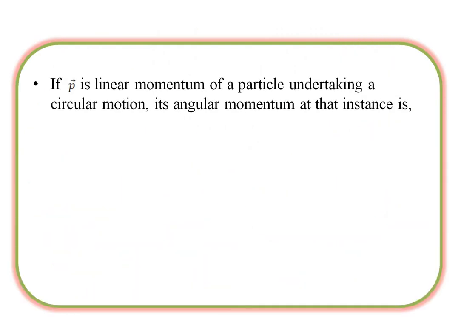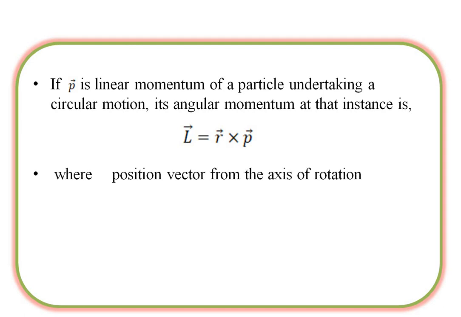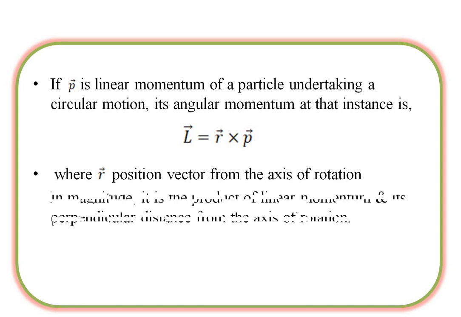If P is the linear momentum of a particle undertaking a circular motion, its angular momentum at that instant is, we know the relation, L vector is equal to R vector cross P vector, where R vector is called the position vector from the axis of rotation.